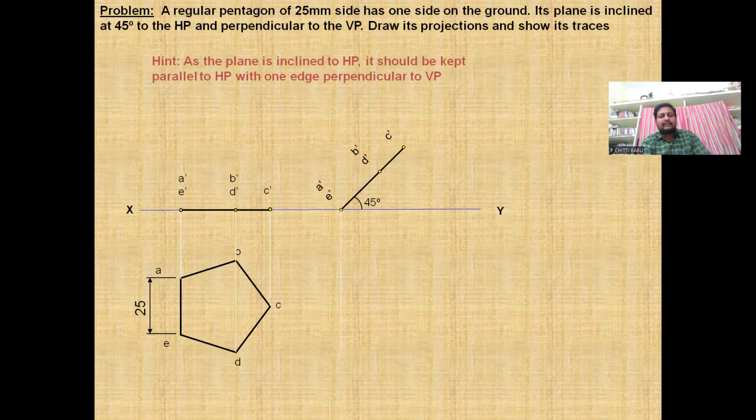You may observe, simply drop the perpendicular projection lines. In the same manner, draw the horizontal projections also from this pentagon, like from C to C, A to A, E to E. You need to draw all the horizontal projection lines.